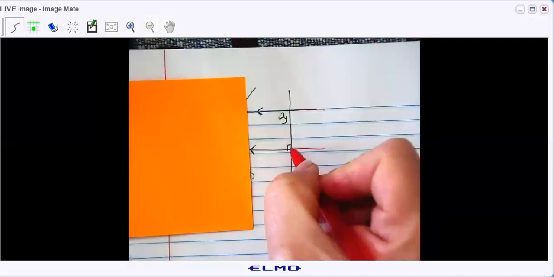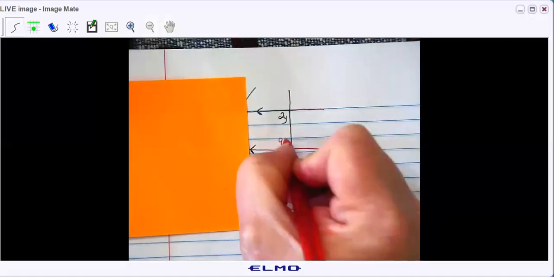What's the value of the box? 90 degrees. It is 90. Okay, so either way, what relationship are those two angles?